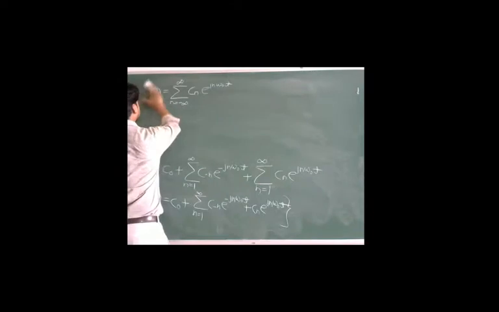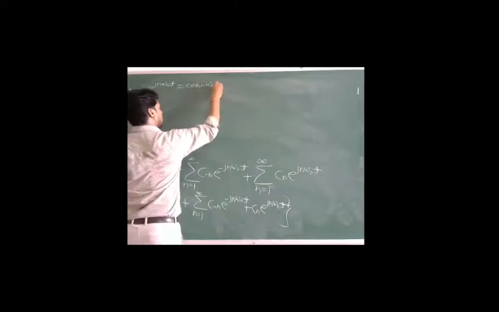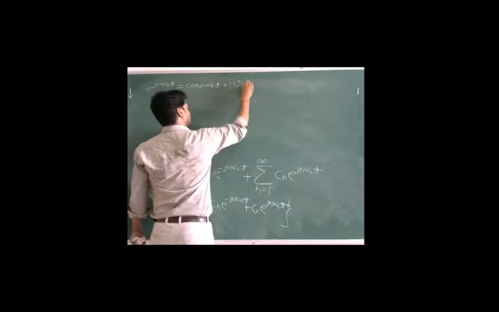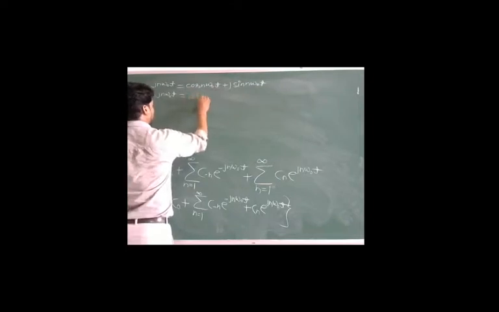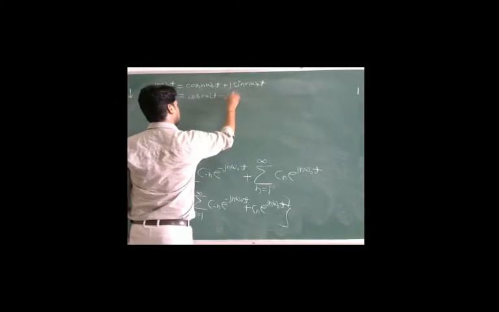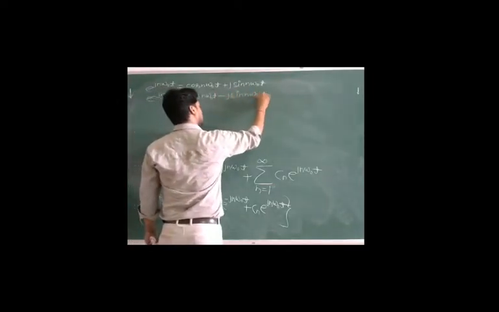Now in this expression we can put, in place of e power j n omega naught t, cos of n omega naught t plus j sin n omega naught t, and in place of e power minus j n omega naught t, we can write cos of n omega naught t minus j sin n omega naught t.